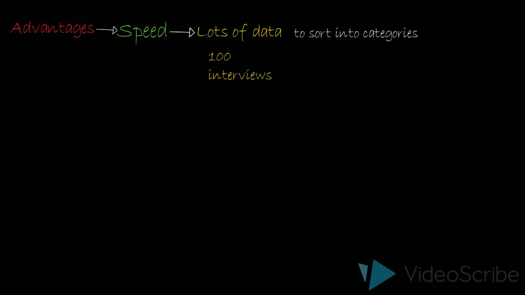This is especially true if you have to handle large volumes of data, which you need to sort into categories. Let's say that you have 100 interviews with parents and social workers about methods of child rearing. And one thing that you notice reading through your stuff is that a particular topic that keeps popping up is the subject of discipline.